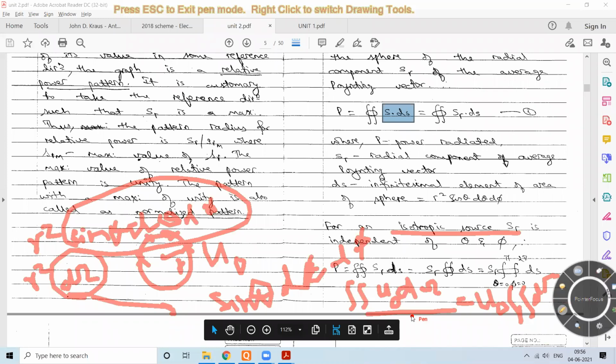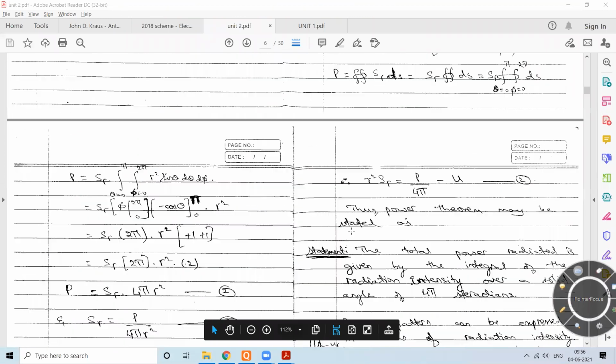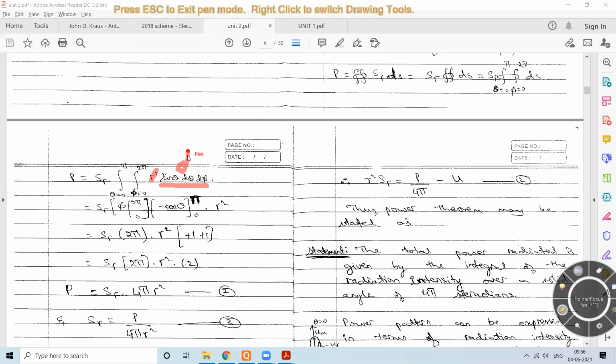When I substitute this representation, r square will not be there. It will be sine theta d theta d phi. Since I am just integrating d omega, theta goes from 0 to pi and phi goes from 0 to 2 pi.